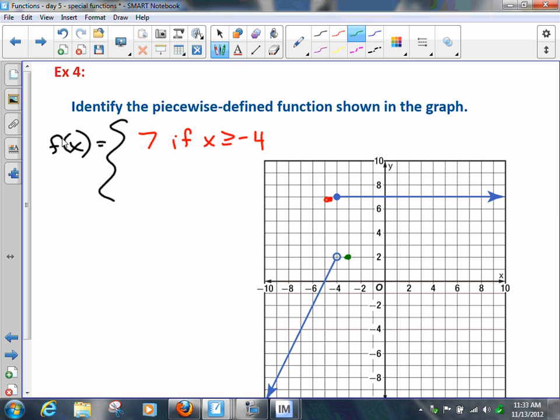Because what can we not see on this graph the way it's drawn right now? The y-intercept. You find the slope, and then you count to find the y-intercept. It obviously has what kind of a slope? A positive or a negative? It obviously has a positive slope.